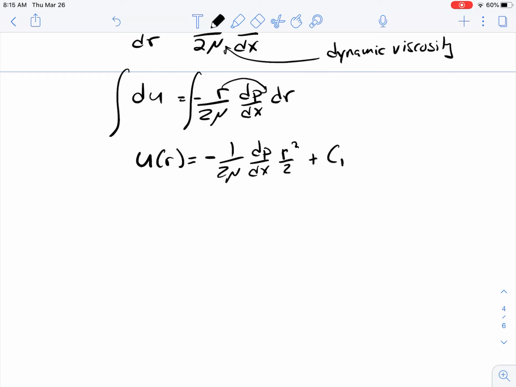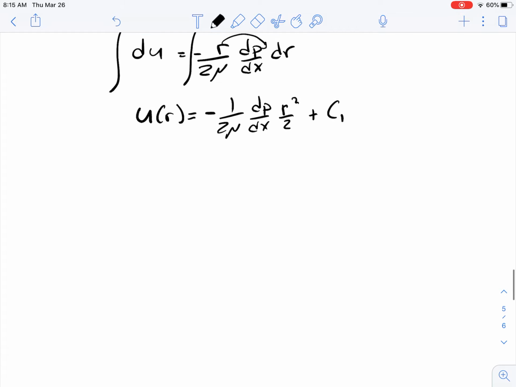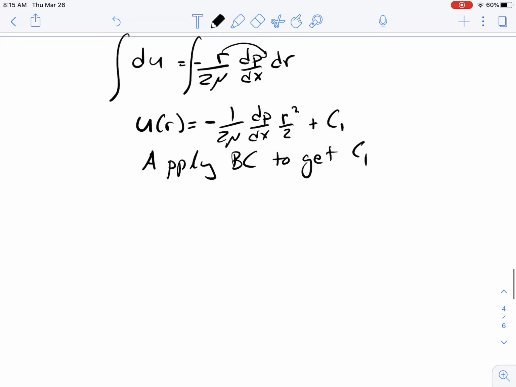And just like before, we're going to have to apply our boundary conditions. So I'm going to apply the boundary condition to get C1. This is a first order differential equation, so we only have one boundary condition and one constant that we have to get here. Our boundary condition is that u at the wall, so u at r equal big R, is going to be equal to 0.